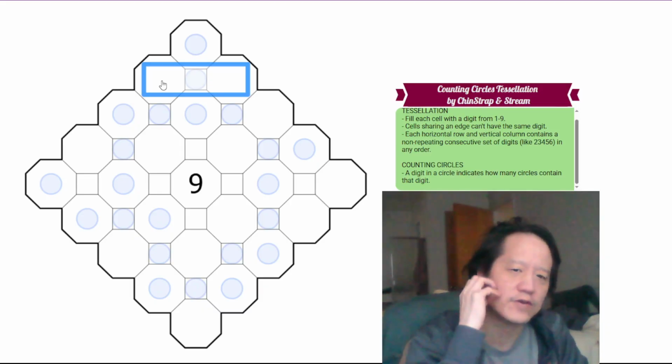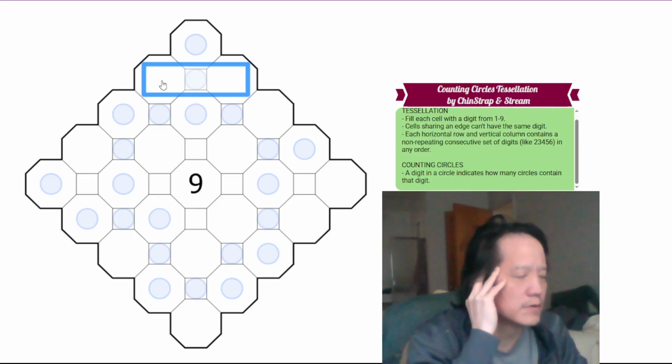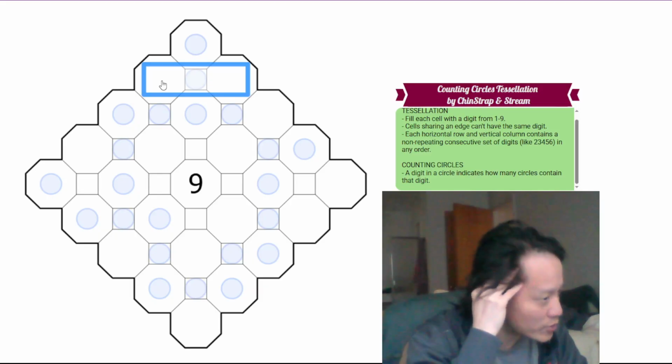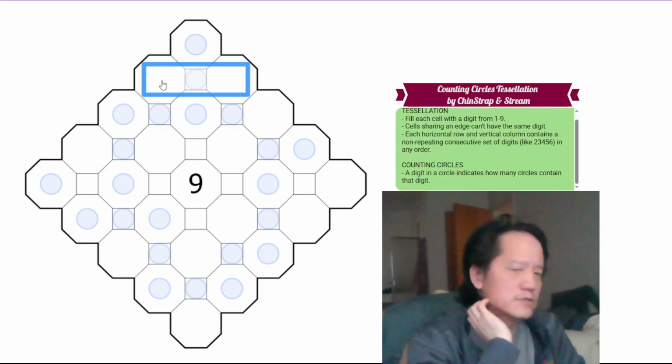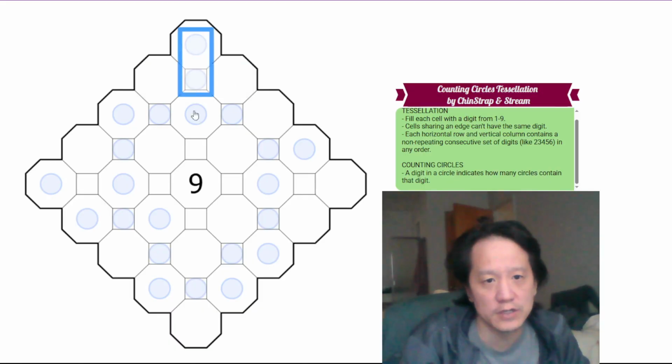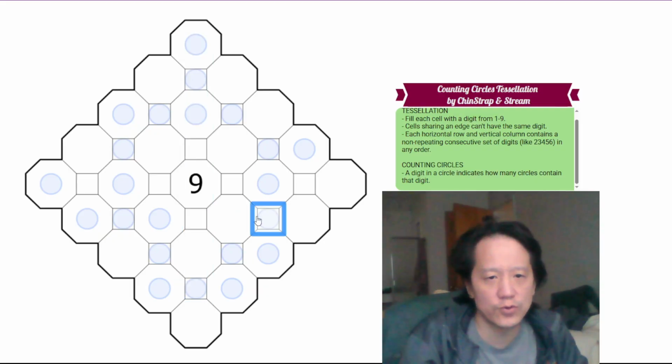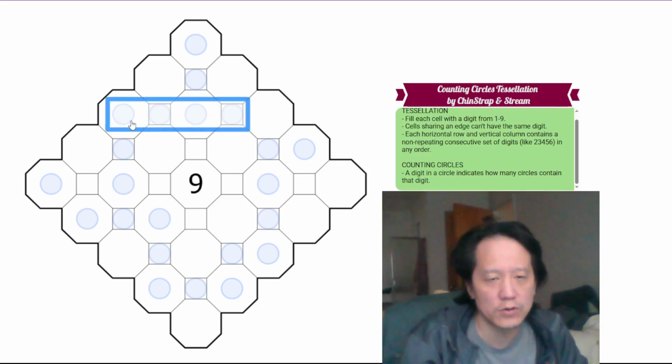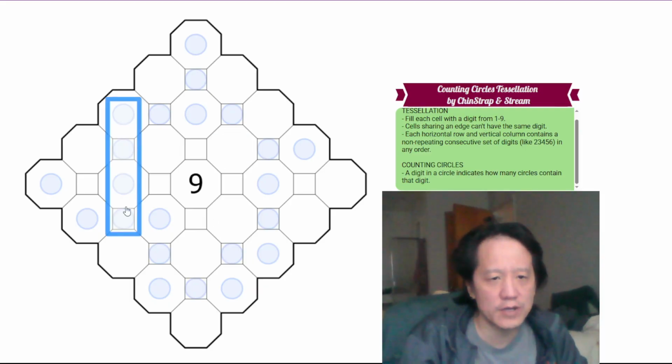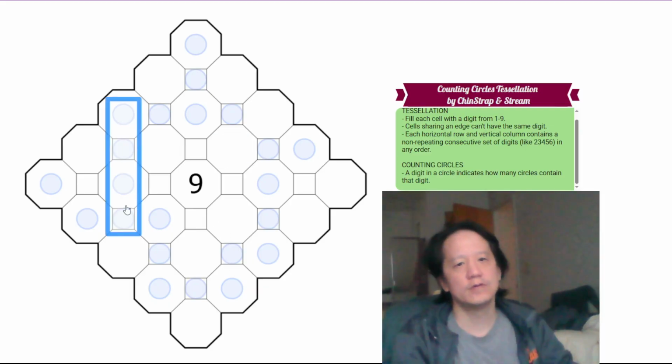Can 7? Maybe? We have at least 4 unique digits, shall we say, guaranteed. Because there's 4 here, there's 4 here, there's 4 here. But we don't have to have more than 4.